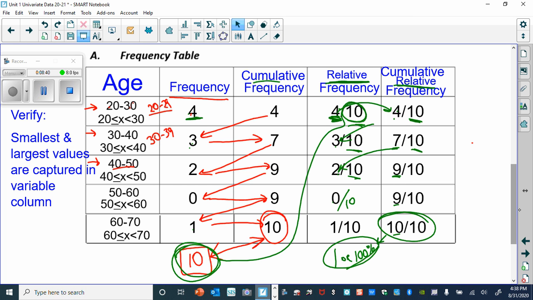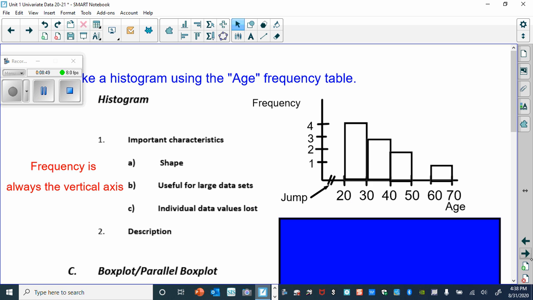Now what that'll do is it'll kind of organize us so we can make graphs if we want to do that. So just want to go through this. So making a histogram. A histogram helps us to find out the shape of a distribution.